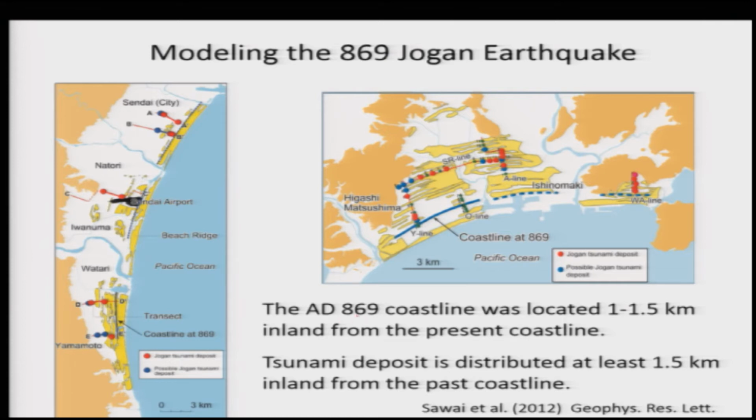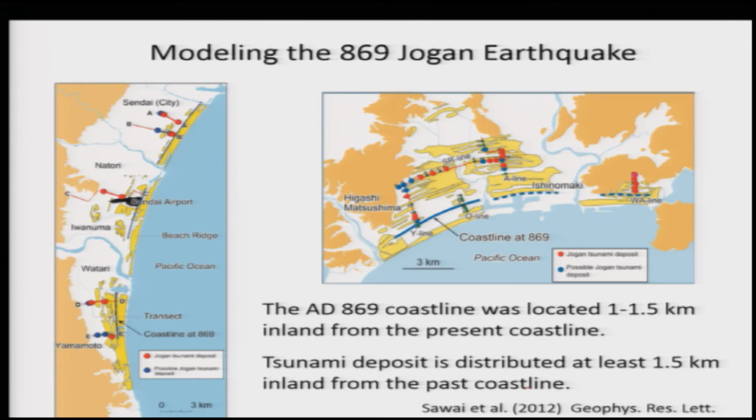So the coastline of 869 was located almost 1 to 1.5 kilometers inland from the present coast. There is the present coast here, whereas the 869 coastline was located 1 to 1.5 kilometers inland. Tsunami deposit is distributed at least 1.5 kilometers inland from the present coastline.